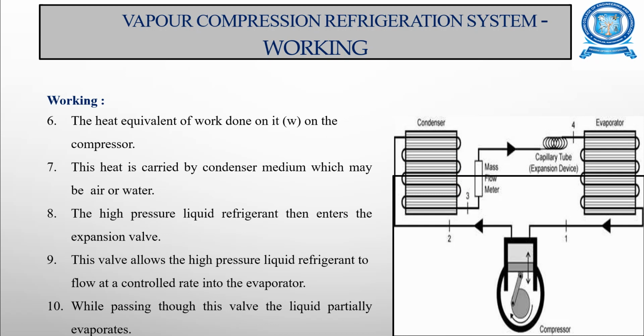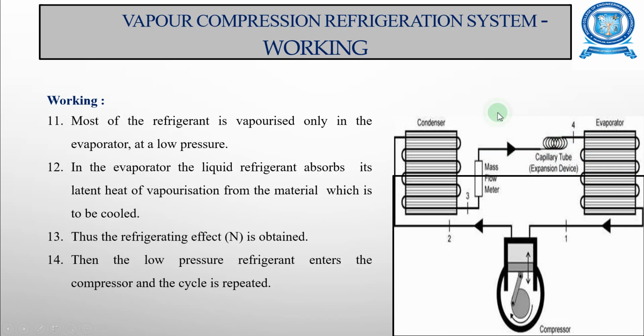The high pressure liquid refrigerant then enters the expansion valve. This valve allows the high pressure liquid refrigerant to flow at a controlled rate into the evaporator. While passing through this valve, the liquid would partially evaporate, and most of the refrigerant is vaporized only in the evaporator, at a low pressure.